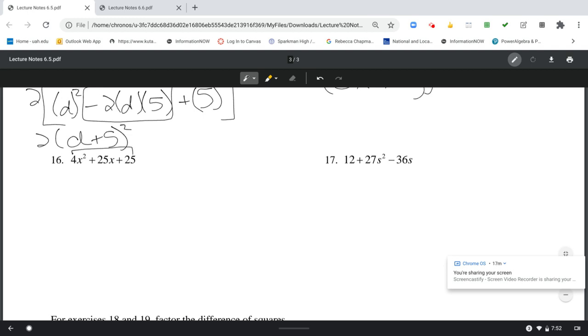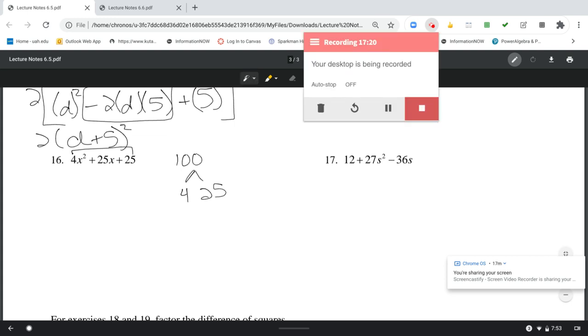So we're going to multiply 4 times 25. That gives me 100. Factors of 100 that break up into 25 are 4 and 25. I apologize for that.